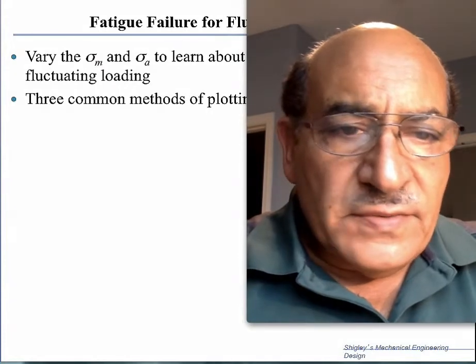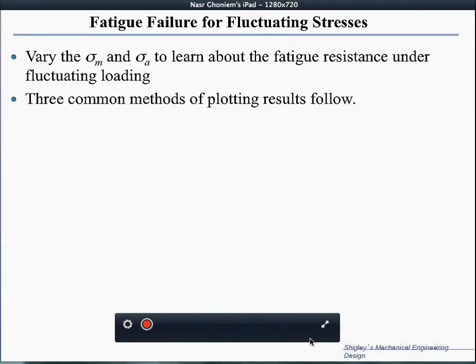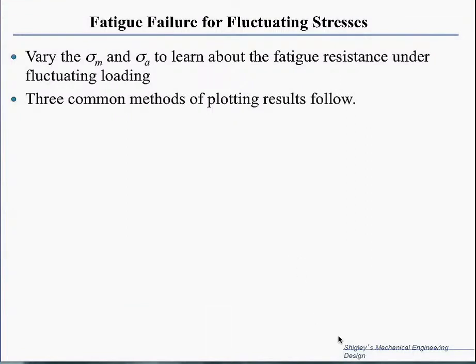So we will move on from here and look at the possibility of having the alternating and the mean stress as ways of how to combine them to predict failure. So the idea is that if we just take the ratio of the alternating divided by, suppose we take the endurance limit, this is a fraction that tells us how far we are from the material failing if the alternating stress is close to the endurance limit.